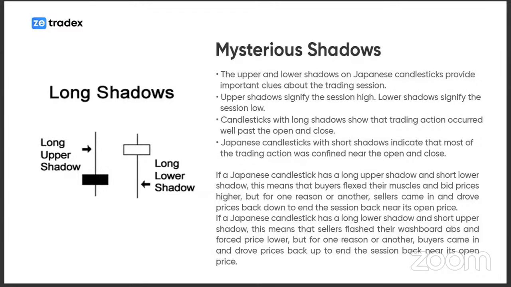So it's very important to understand that these candlestick patterns are called shadows. At this point in time, it gives you a hint not to buy or not to sell. You just need to wait and understand where the market is heading before you make a move.